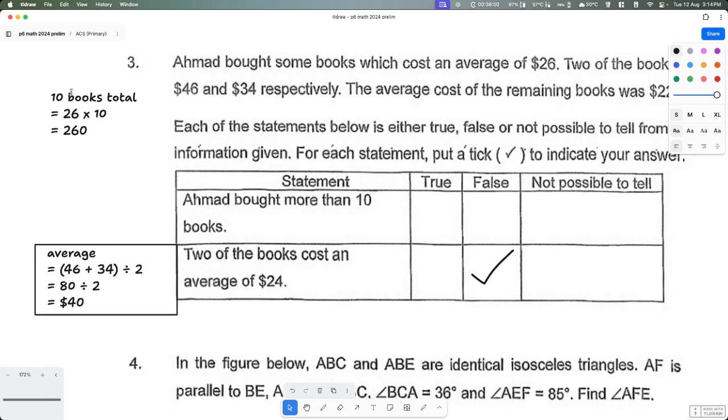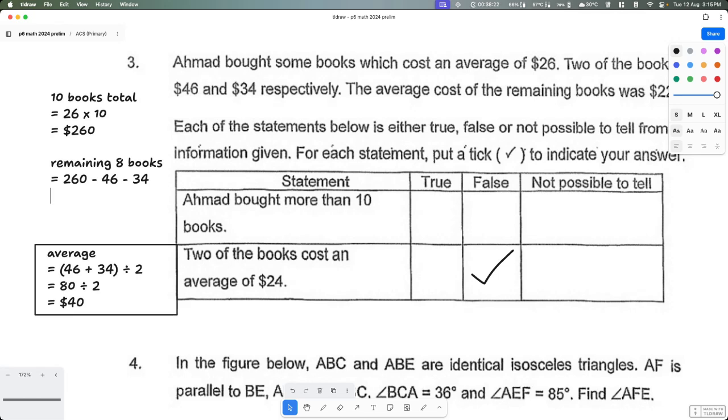Because the average cost of a book is $26, we can work out the remaining 8 books, which is equal to 260 minus 46 minus 34.